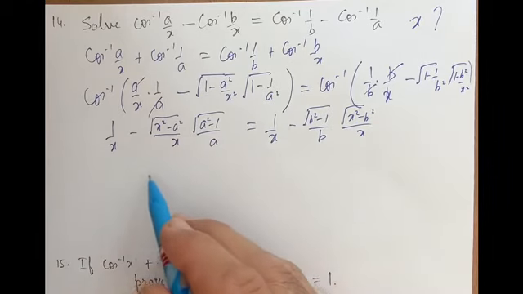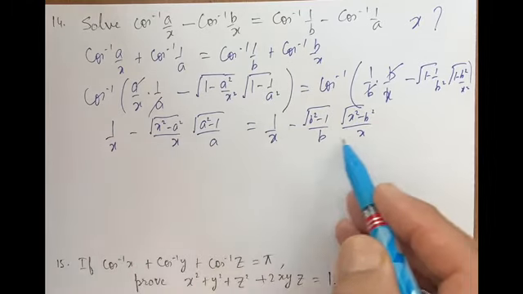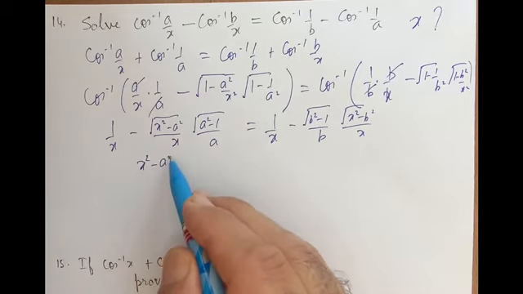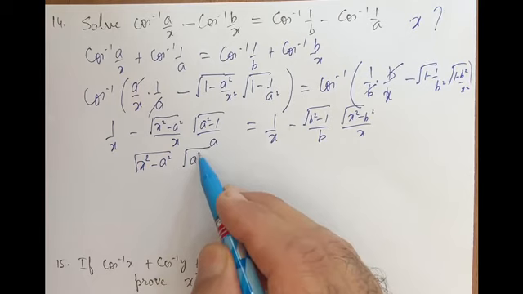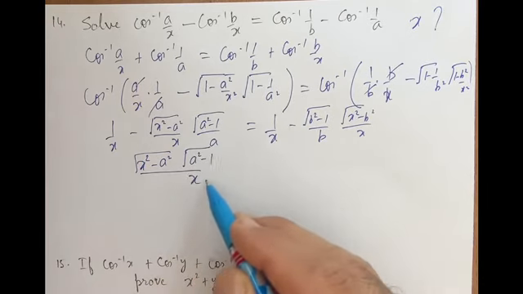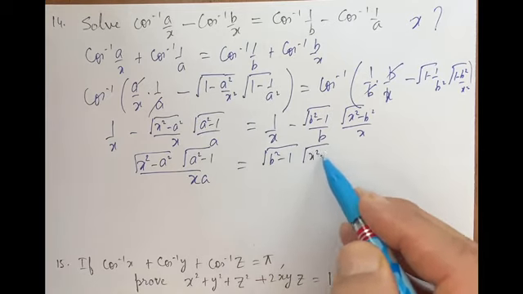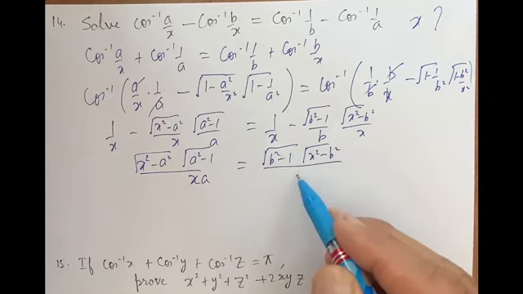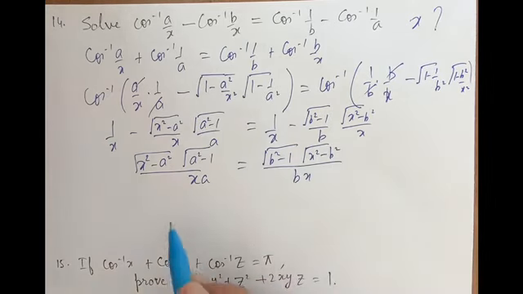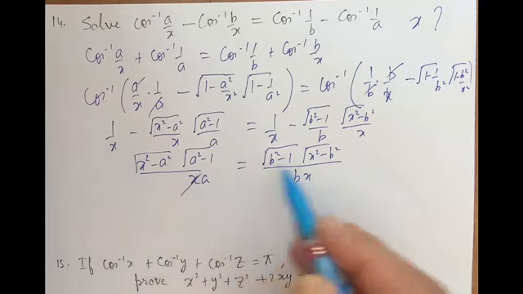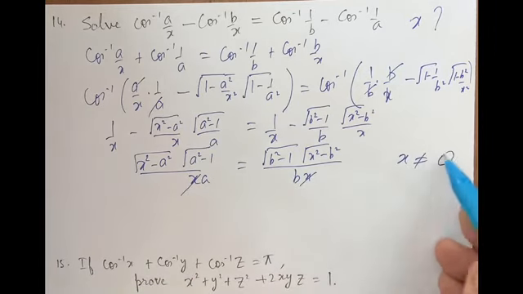Cancelling out 1 by x and shifting and cancelling out the negative sign, we have root of x square minus a square into root of a square minus 1 is equal to root of b square minus 1 into root of x square minus b square upon b into x. Cancelling x also, since x is not equal to 0.